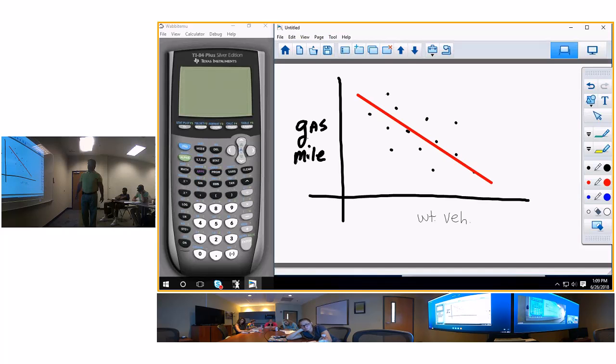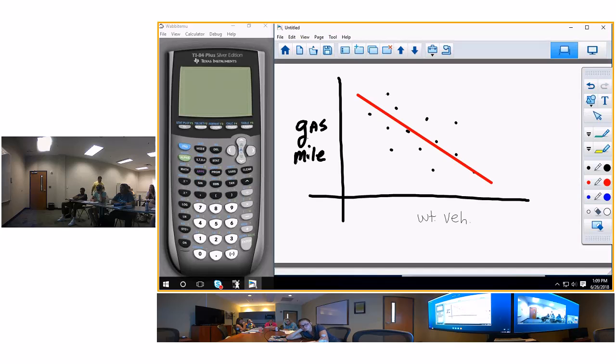Now I want everybody to look at that and see if your eyeballs come up with the same thing. You're trying to find a pattern, all right? And that red line represents that pattern, a tendency of correlation, okay?